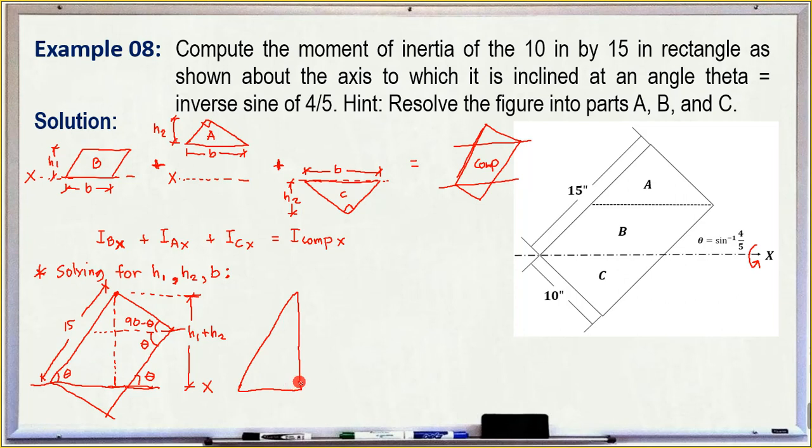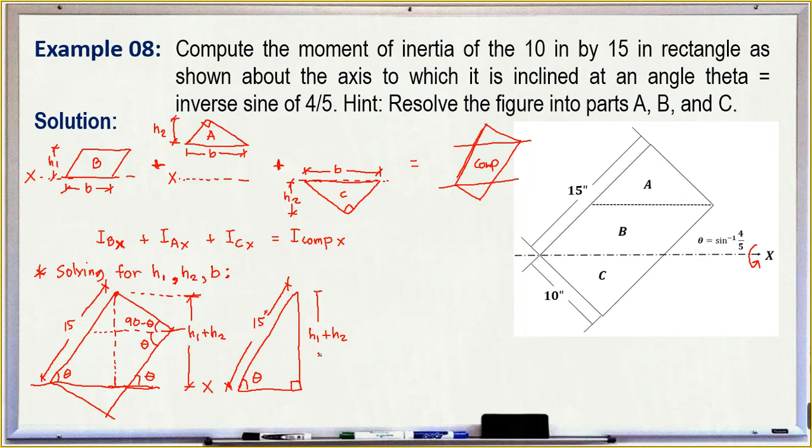So this is a perfect right triangle, and of course we have theta, and again take note that this height is h1 plus h2, and the length of this one is 15 inches. So with this, we can solve for the height 1 and height 2, no?